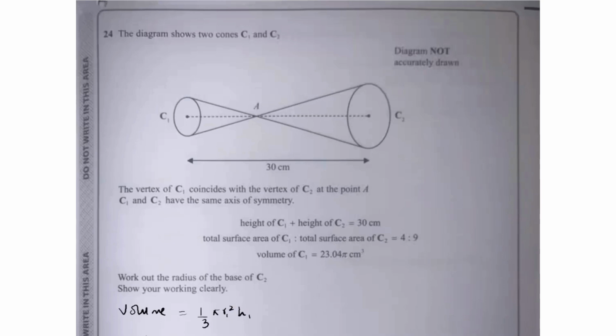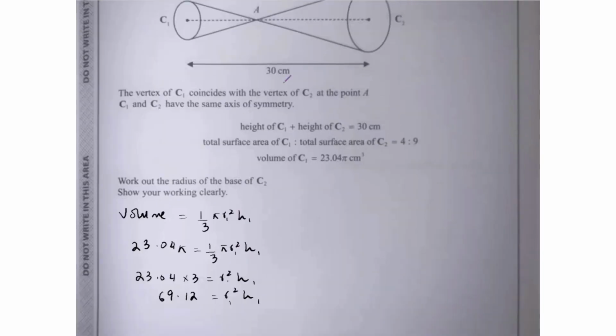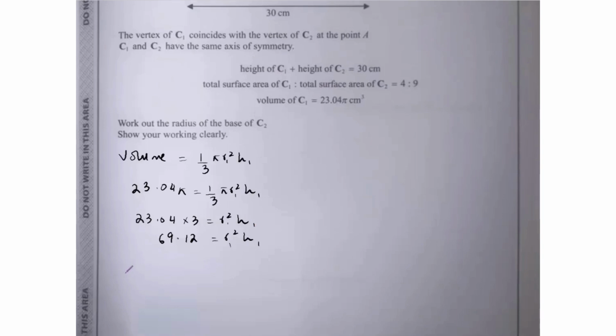Now we know that they have the same axis of symmetry, which means they're similar shapes. So C1 is similar to C2. Since we know that height of C1 plus height of C2 is 30, and we have the ratio for the surface area, you can use the ratio of the surface areas to figure out the scale factor. So surface area of 1 divided by surface area of 2 equals 4/9.